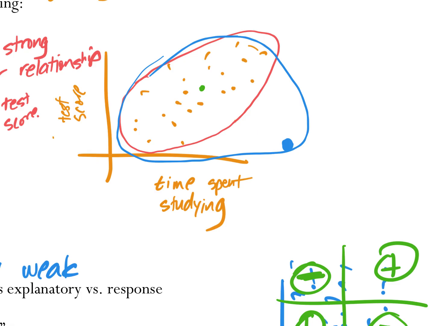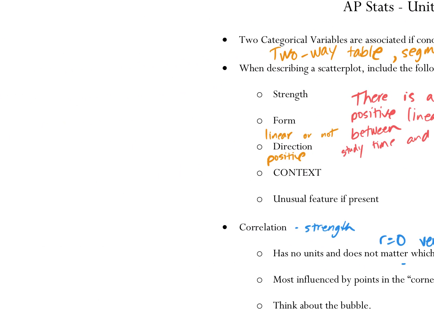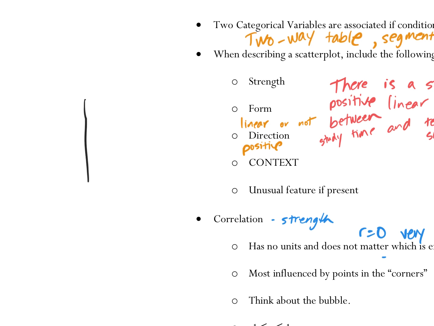One more piece of advice when describing how the correlation would change: I do not want you to use the words increase or decrease. I want you to use stronger versus weaker. Let me tell you why. Let's say my scatter plot is this one. Everybody good? Would you call that strong?